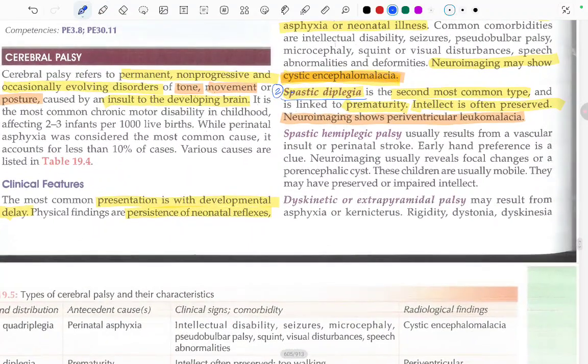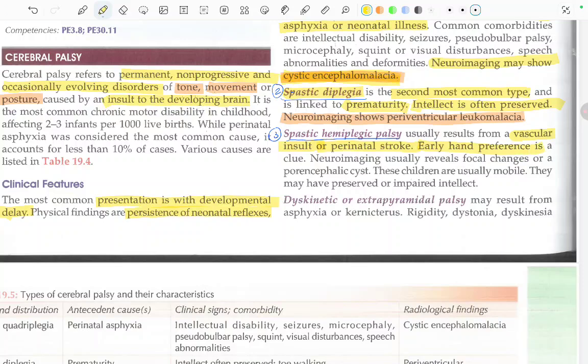Now coming to spastic hemiplegic palsy. It usually results from a vascular insult or perinatal stroke. Early hand preference is the clue. In spastic hemiplegia, what is seen?